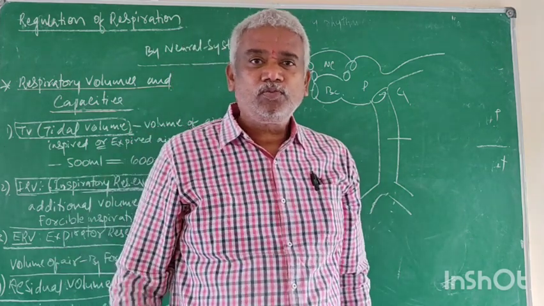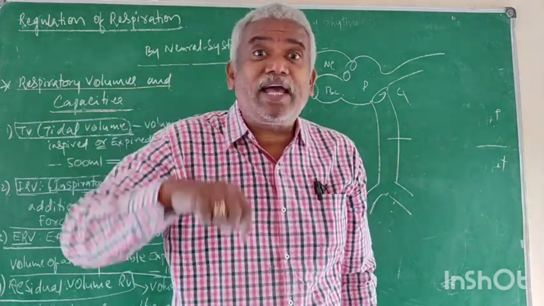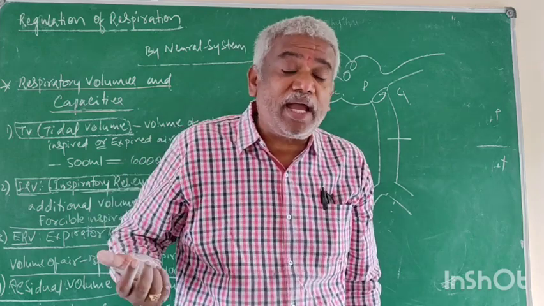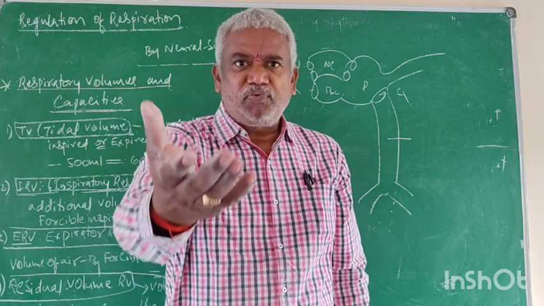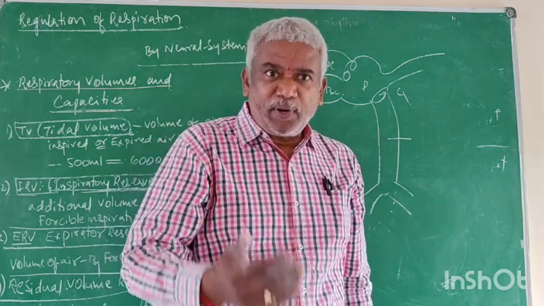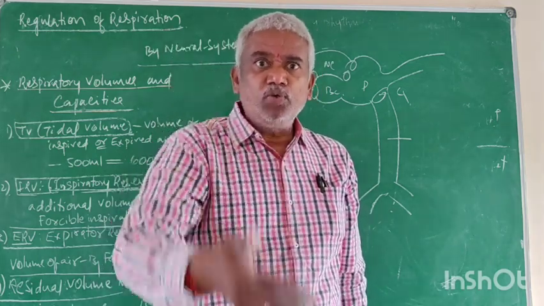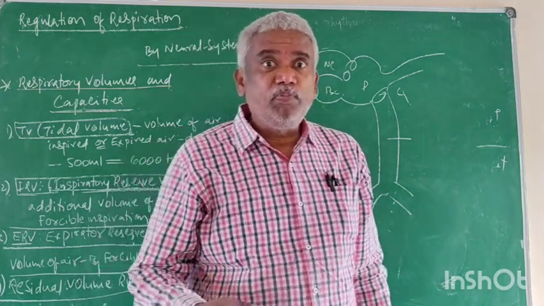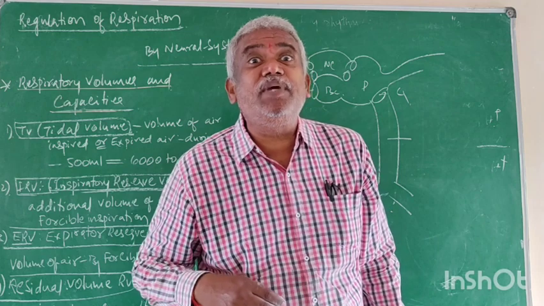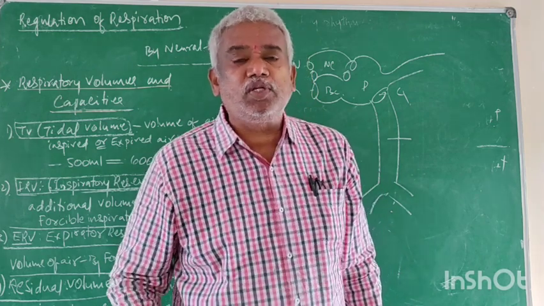Sometimes we can breathe inside, we can breathe outside with force. Suppose I show you now, experimentally, practically. It is normal. Now sometimes breathing inside, that is inspiration, forcible inspiration.